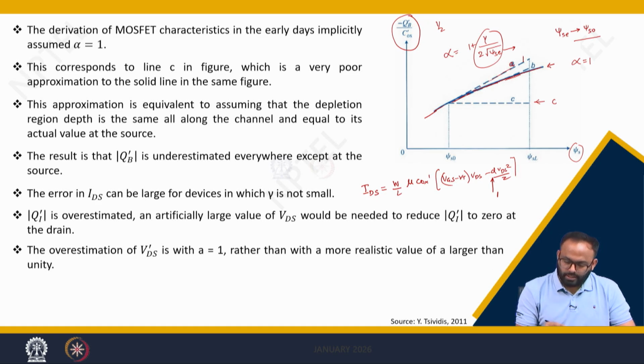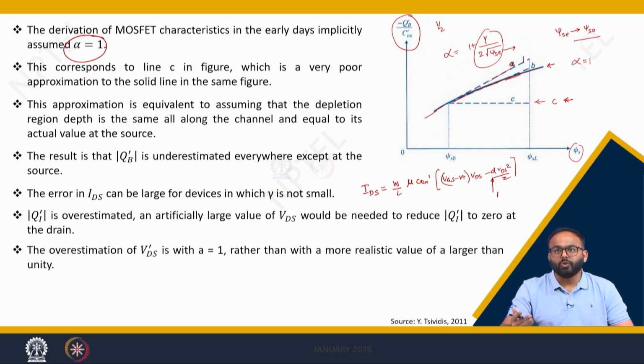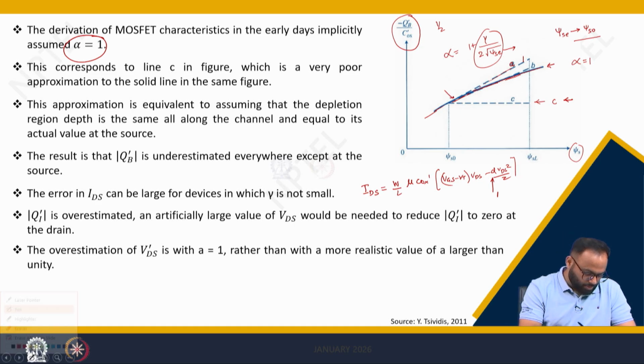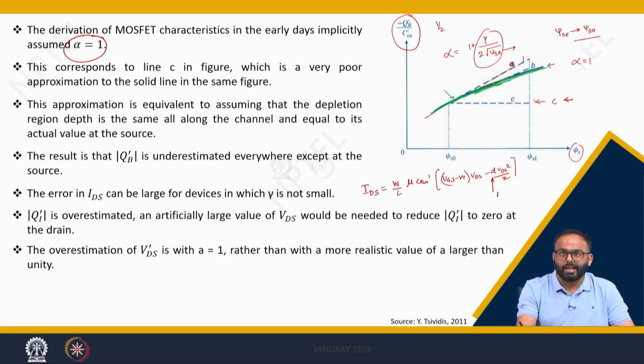Now let us consider the first case when alpha equals 1, meaning we are talking about which line? Line C. If you do so, it simply says that your bulk charge is this solid line, right. So let me change the color to green. This is your accurate bulk charge. But what you are doing by this line C is capturing the bulk charge as underestimated, right?